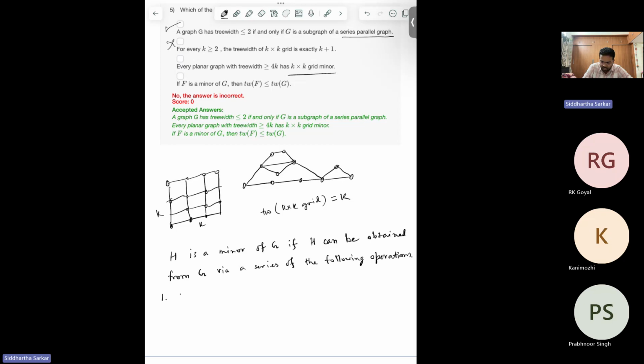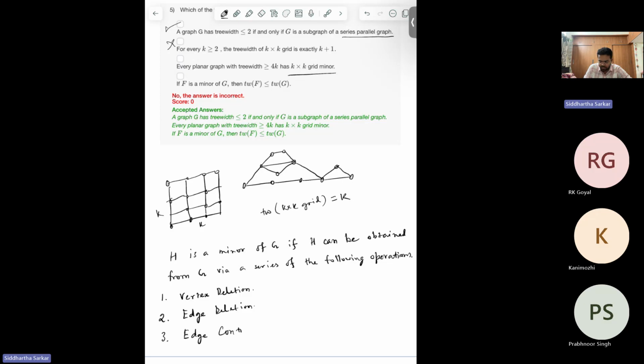So one is vertex deletion. You delete some vertex. Of course, when you delete a vertex, you also have to delete the edges incident on the vertex. Edge deletion is simply deletion of an edge. It does not require deleting the vertices on which the edge is incident. The other thing is edge contraction.